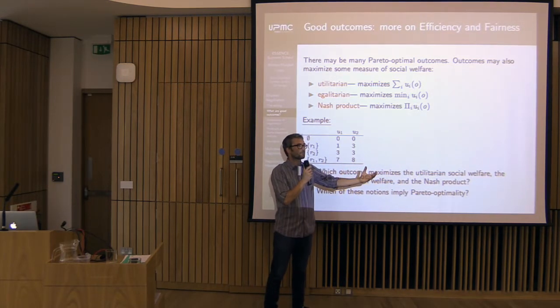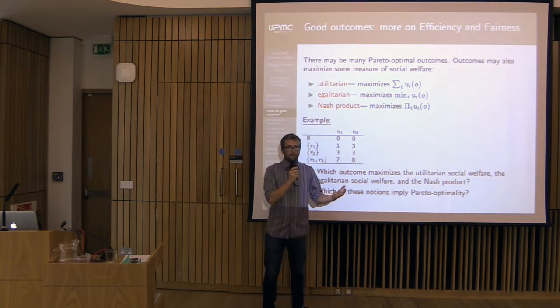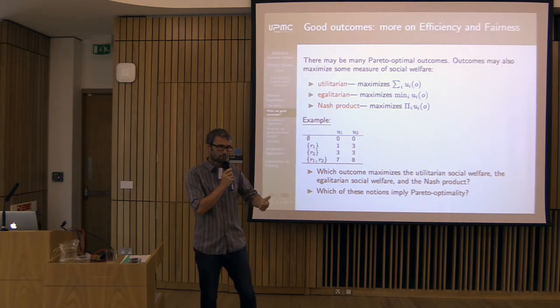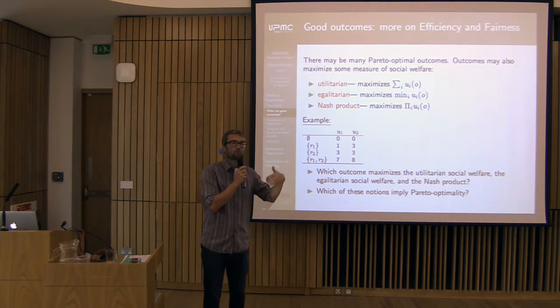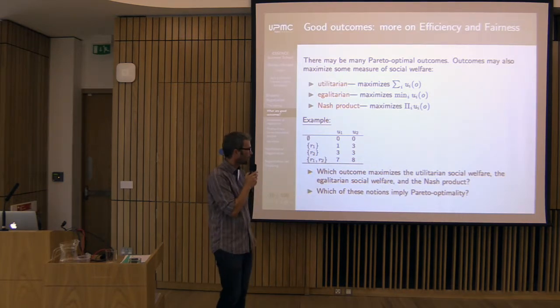So the sum would be better or the product would be better. Okay? So utilitarian and Nash product imply Pareto optimality. If it was not the case, you would have, by absurdum, a counterexample.